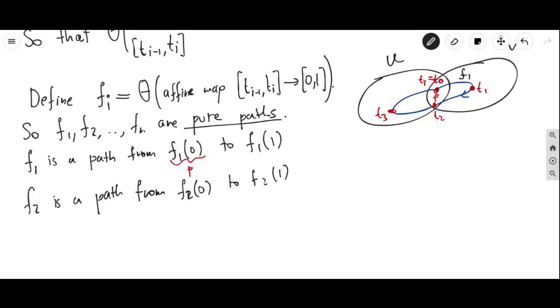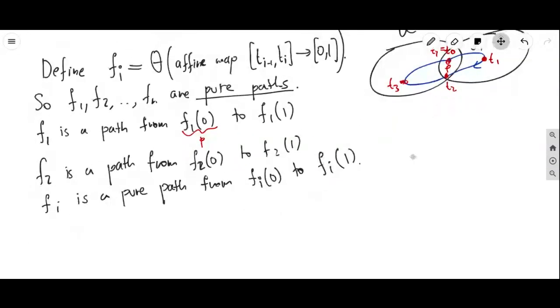So in general, Fi is a path, maybe we can even emphasize it's a pure path, from Fi of 0 to Fi of 1. Okay, now how do we get out of here?